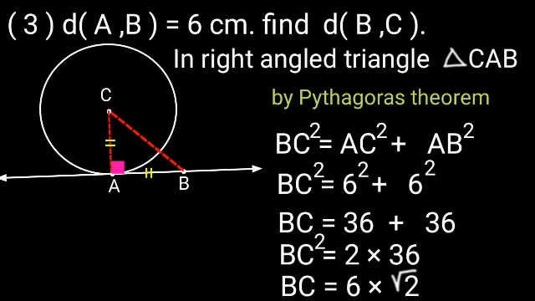Hence BC square is equal to 6 square plus 6 square, that is 36 plus 36. BC square is equal to twice 36. Taking the square root of both sides, we get BC is equal to 6 root 2.